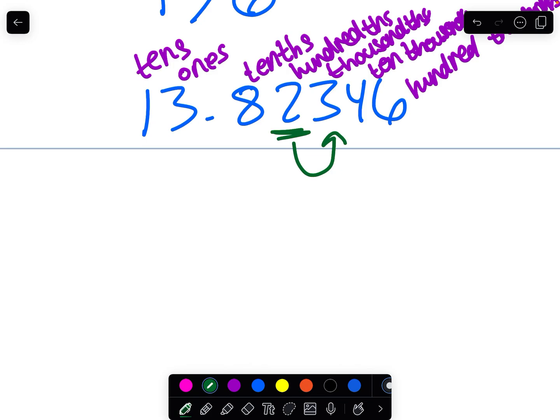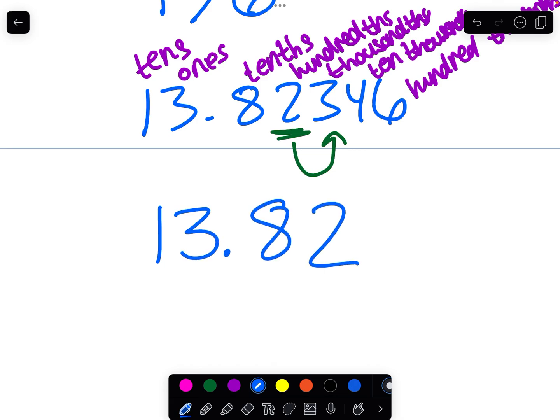So really what we're going to do is not change this 2, and our answer is going to be 13.82. And everything else to the right just gets dropped. Everything else to the right just gets dropped. And so 13.82346 rounded to the nearest hundredth is 13.82.